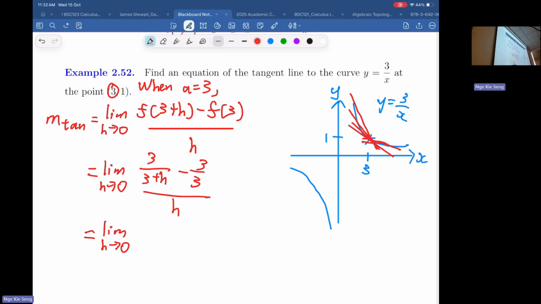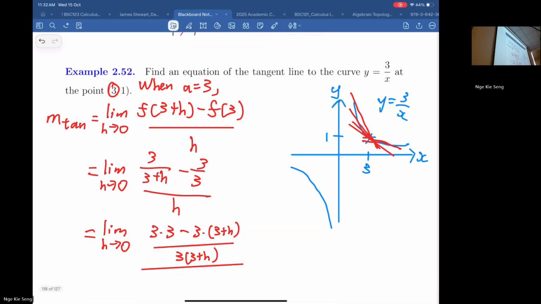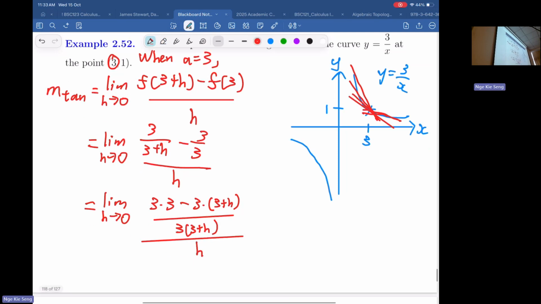How to combine fractions? You make the denominators the same. So one way you could do it is make the denominator the same first, giving 3 times (3 plus h), all divided by h. Can we simplify this further?